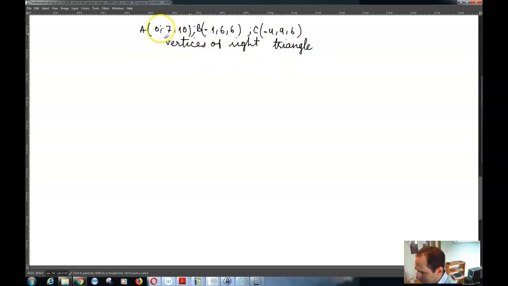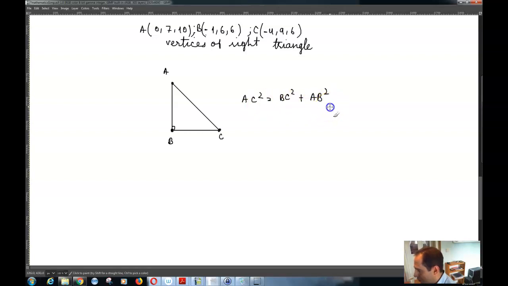Now you know that, for example, suppose that in a right triangle, if you have your right angle over here, and this is, for example, ABC, then AC is the distance between point A and C, BC is the distance between point B and C, and AB is the distance between point A and B. So then AC squared is equal to BC squared plus AB squared.